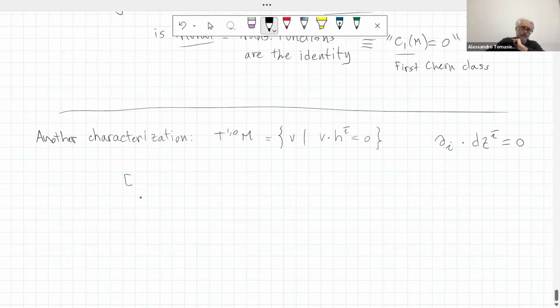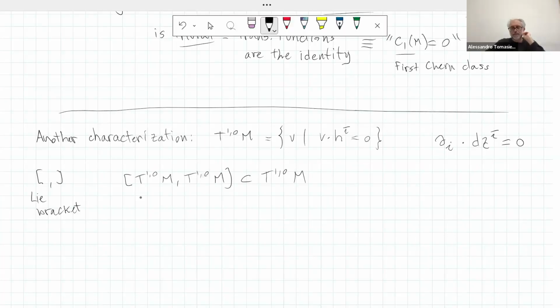Well, now if you consider the Lie bracket of two vectors that are in this T^{1,0}, you should get something else which is still in T^{1,0}.